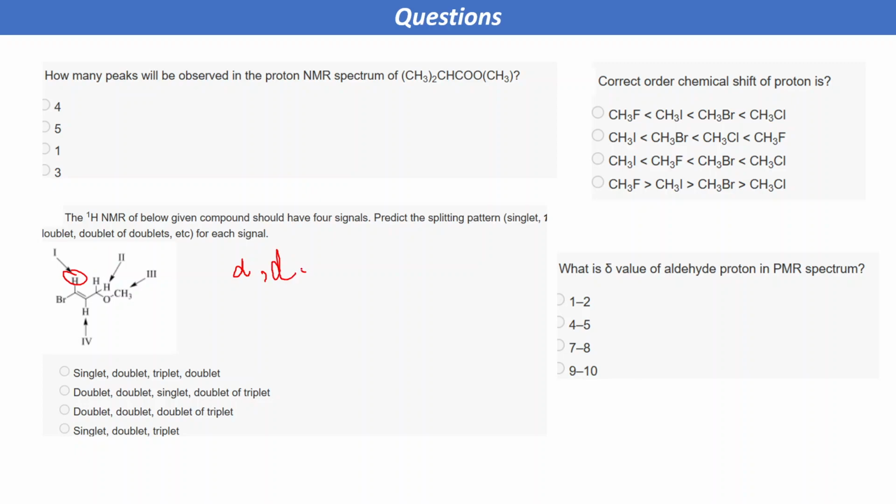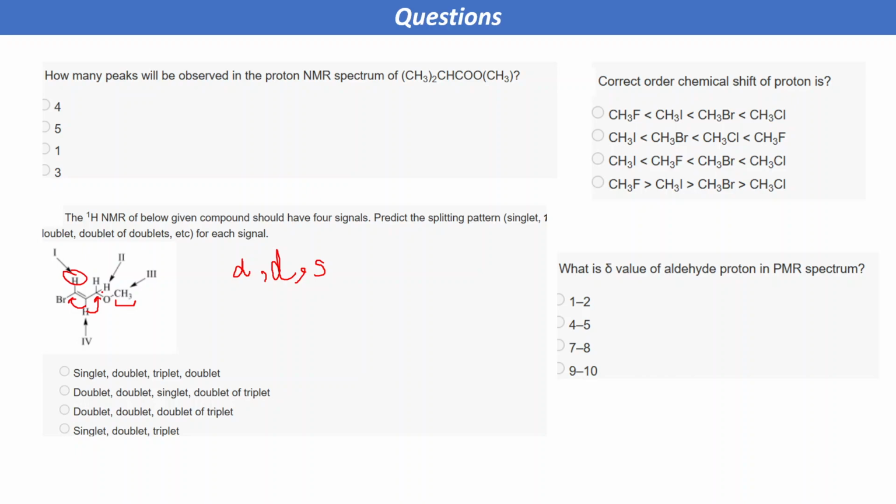For the third one, the methyl one, it will be a singlet because it is attached to oxygen and there is no hydrogen. And the fourth one is attached to two carbons, one having one hydrogen and the other having two hydrogens.